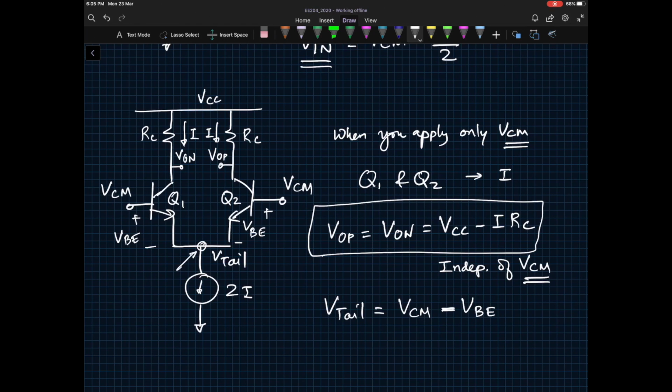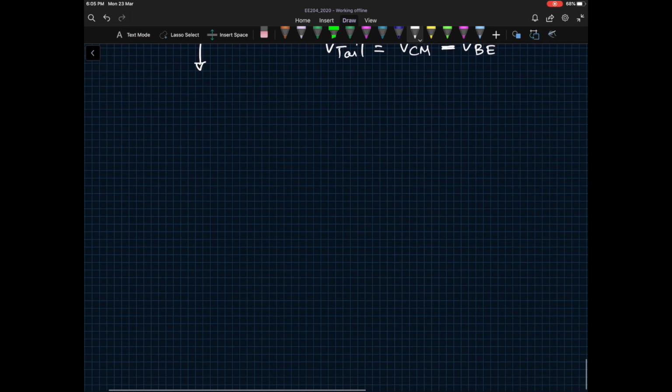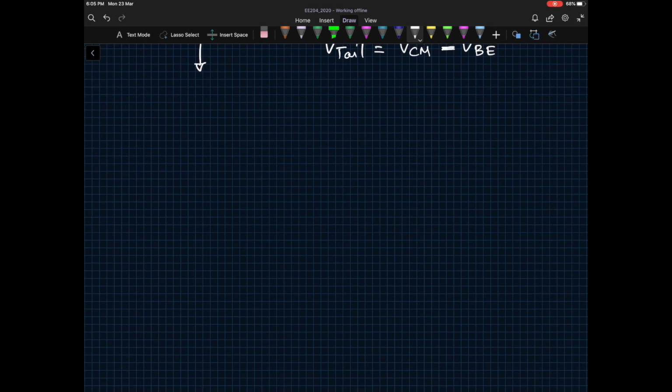So now what we are going to do is on top of this VCM, I'm going to apply the voltage VDM, okay? And then we will see what happens. So for example, let's draw the circuit. So now we will apply VDM. Again, this VDM is a differential signal.